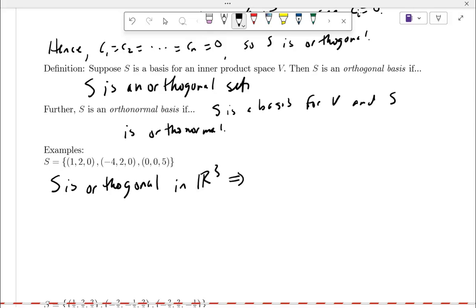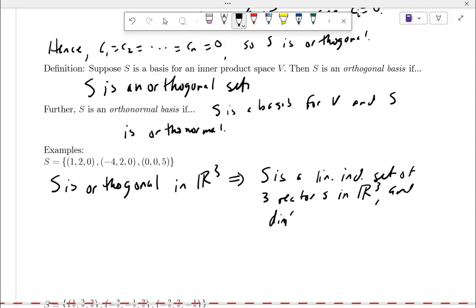Okay, so that tells me that S is a linearly independent set of 3 vectors in R3, and the dimension of R3 is 3, right?